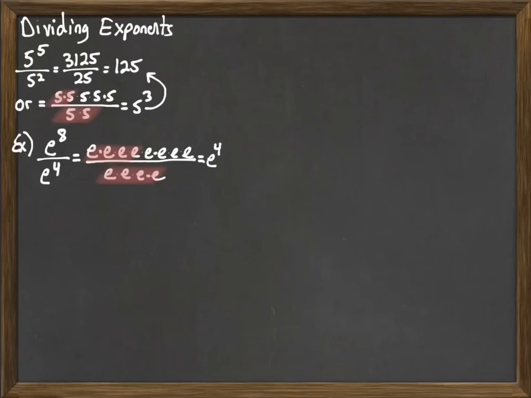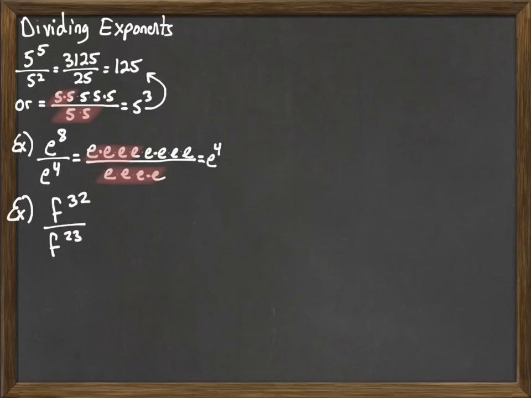And hopefully now you're starting to see the pattern for how dividing exponents works. So we're going to turn to a bigger example, f to the 32nd over f to the 23rd, one where I certainly do not want to write it out. That would take forever, and I might even miscount.